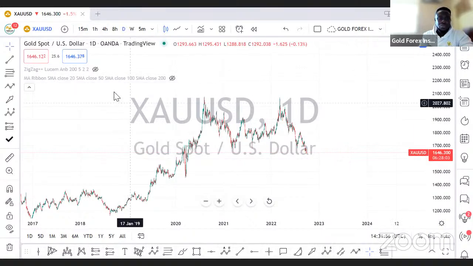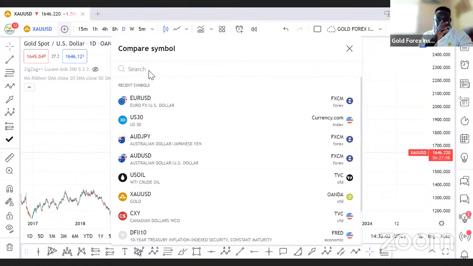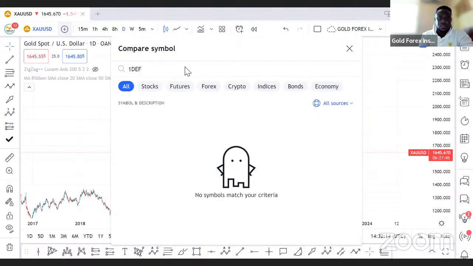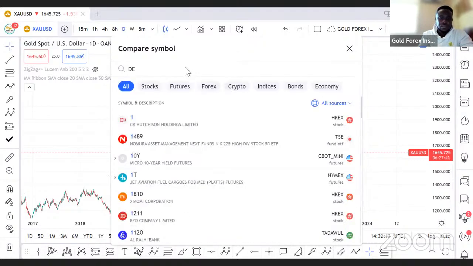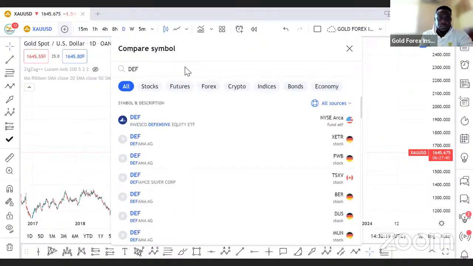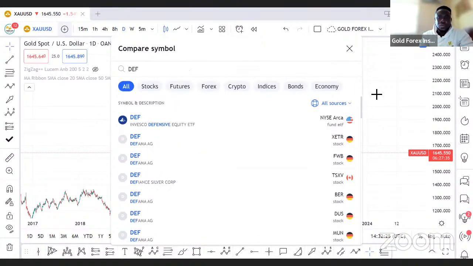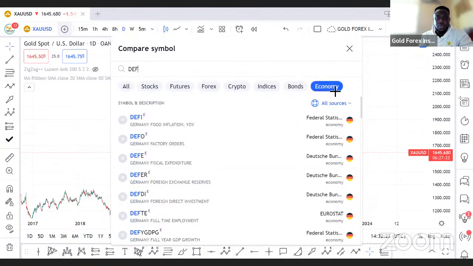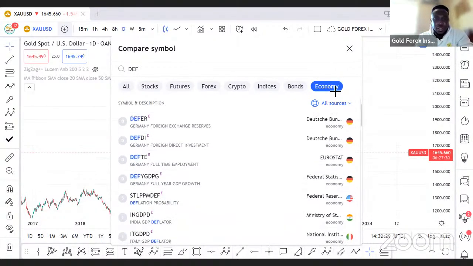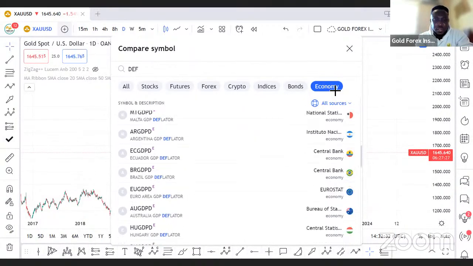Let me compare gold to DeFi. Let me compare it to DeFi, US DeFi, this thing.